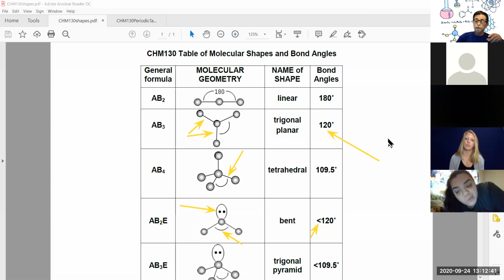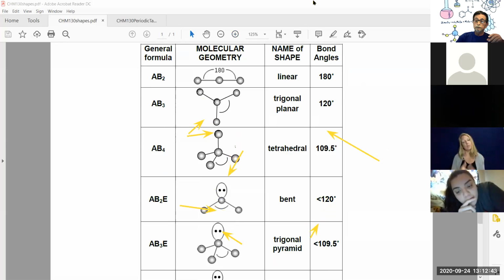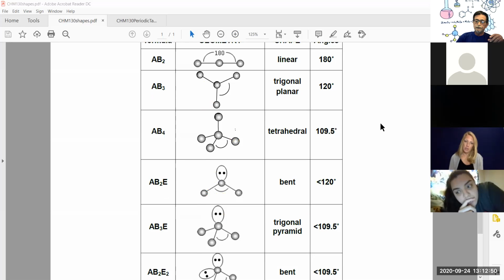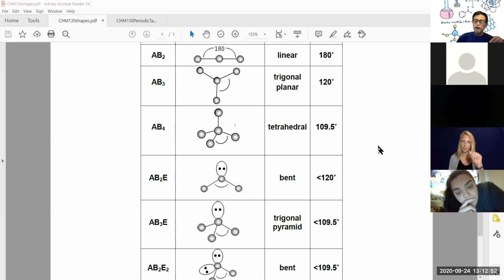Moving down, the next scenario. Oh, let me clear this. The next scenario is the AB3E. Again, we have three atoms bonded to the central atom, but we also have an E. And that E represents, again, lone pairs on the central atom.